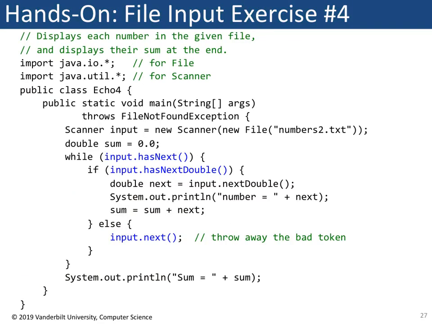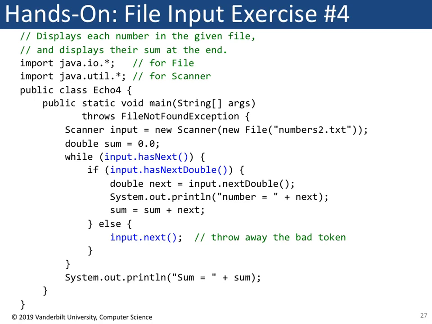To get this functionality, we don't have to change much, but we do have to make an important change. First of all, rather than using input.hasNextDouble as our while loop test, we will use input.hasNext. So we're going to keep processing the file as long as there is anything left to process. So as long as there are more tokens in the file, we're going to continue to process it.